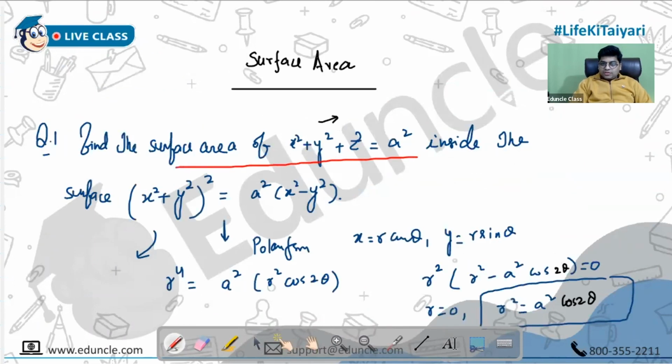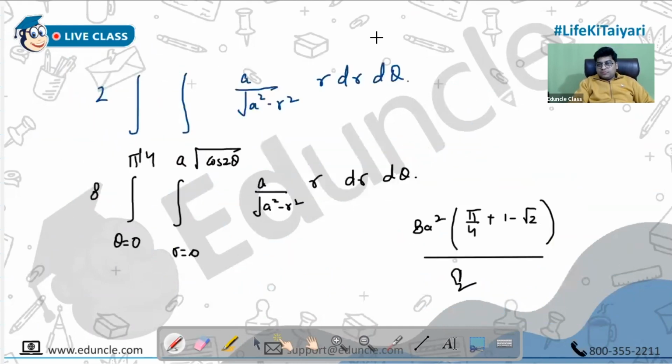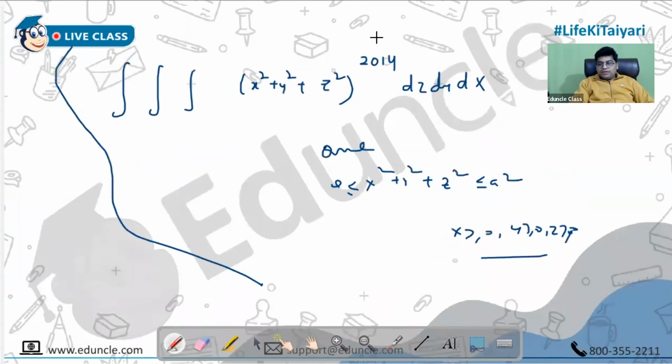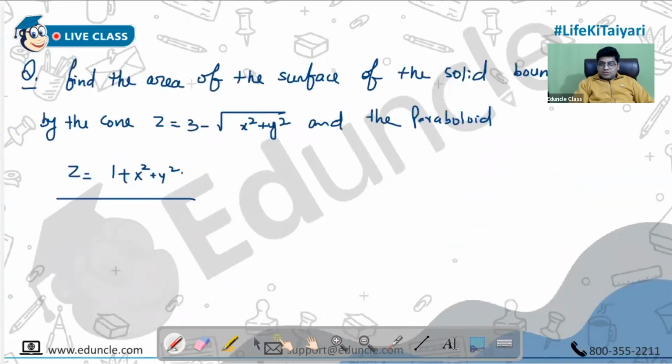Find the surface area of the sphere inside this. But here the problem is not clear. Very sorry, I'm not getting it. So how to find out? Can anybody explain to me, sir? By this technique, you can find out the answer.